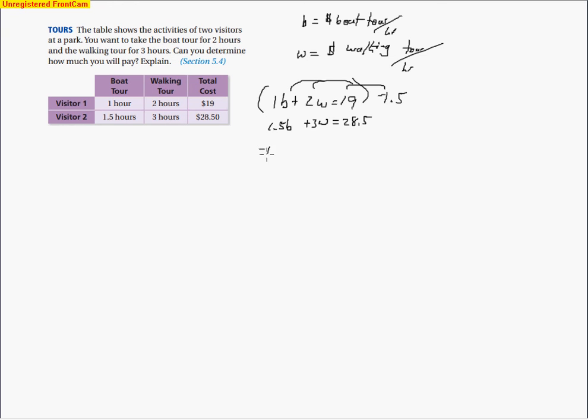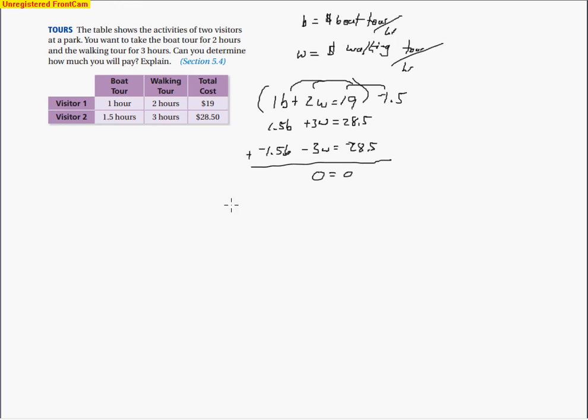So I get negative 1.5b, but I also get, when I double 1.5, a negative 3w. And just so happens 19 times negative 1.5 equals negative 28.5. So we have the same scenario as the last one. When we go ahead and do the work, we get another infinitely many solutions.